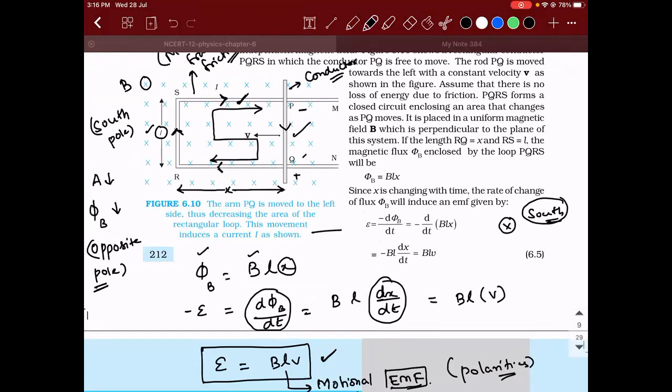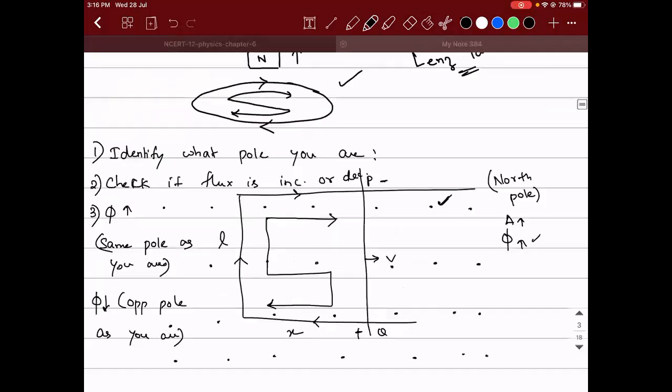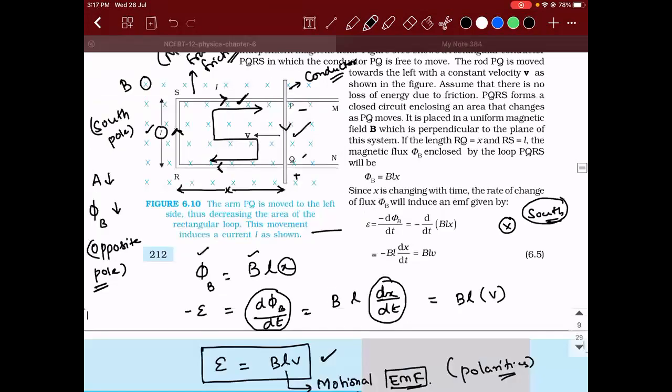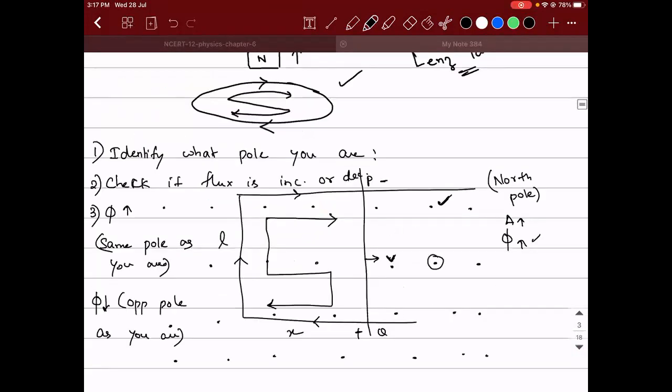Could you show the diagram once again? What is the difference, guys? Though I change the direction of magnetic field, I also change the direction in which the conductor is moving. There, the area was decreasing, the conductor is moving towards the fixed end. Here, the conductor is moving away from the fixed end. That is the reason why the polarities are still the same.